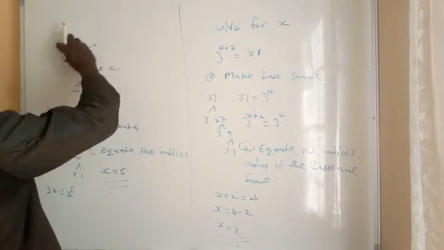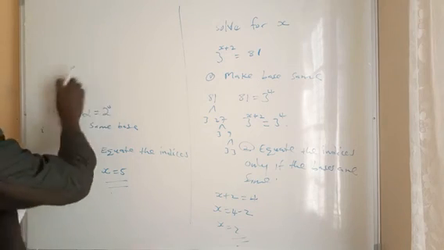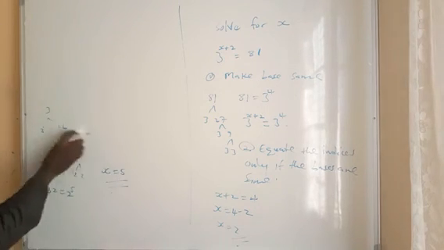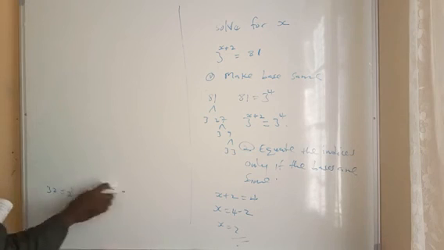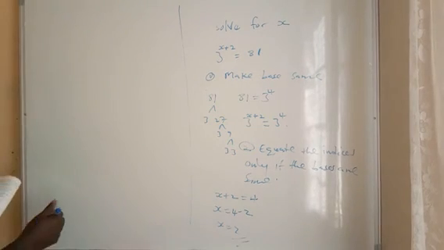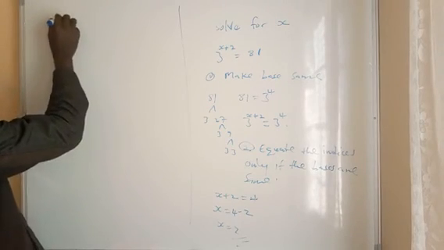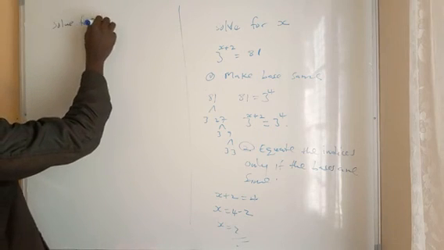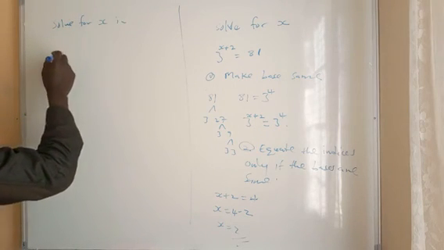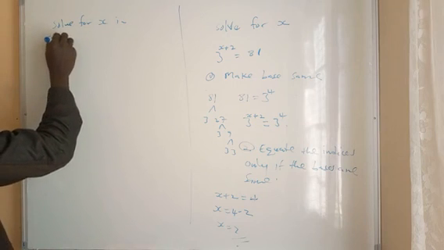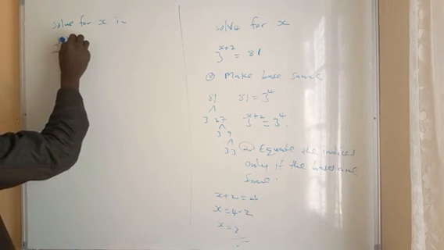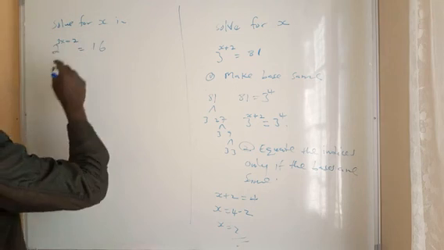I'm giving more examples to enhance your understanding of this particular topic. Solve for x in 3 power 3x minus 2 is equal to 16.